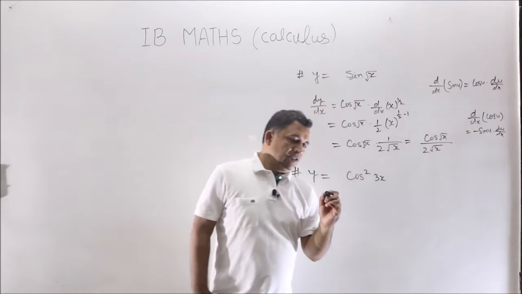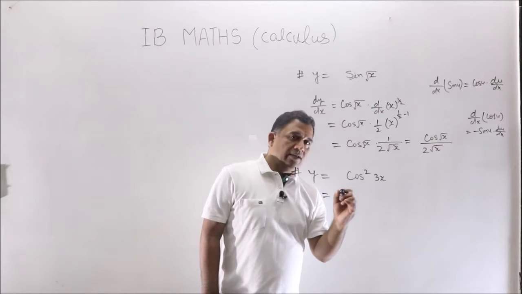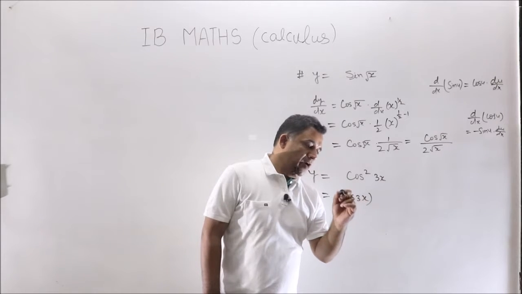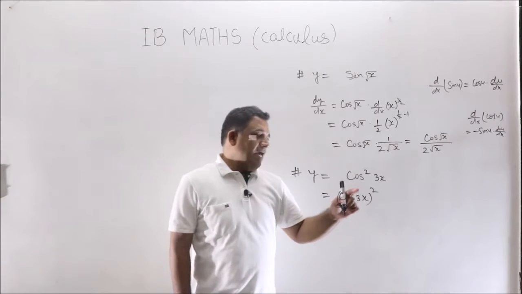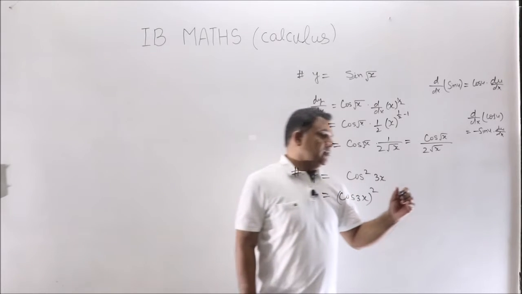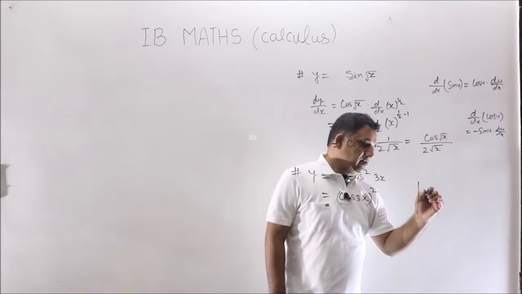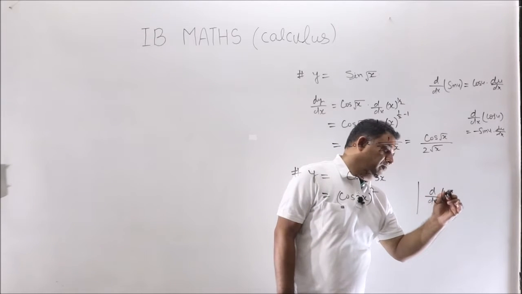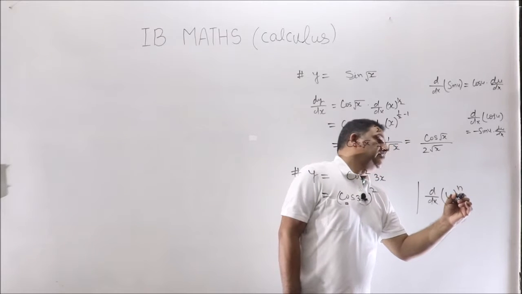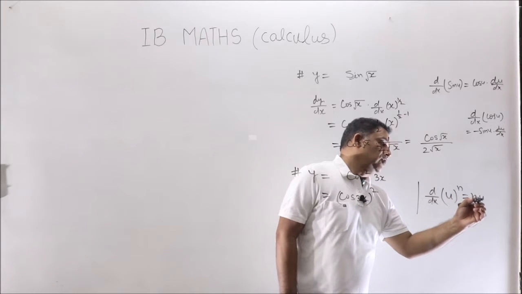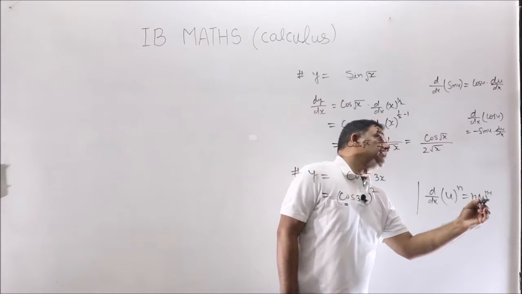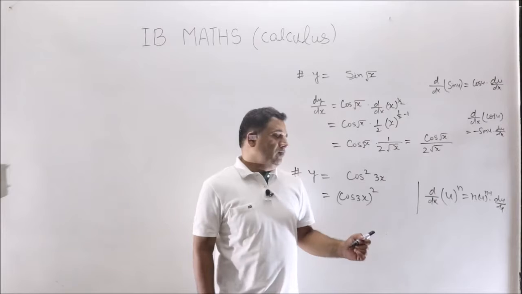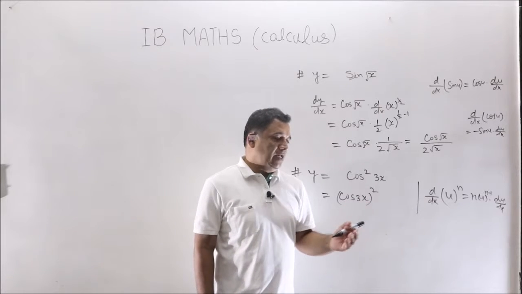In this case we have cos squared 3x, which we can write as cos 3x raised to power 2. Whenever we have anything in terms of a power, we must utilize the formula: the derivative of u raised to power n gives n u to the n minus 1 times du by dx. That is a very important formula to solve any question whenever we find powers like that.